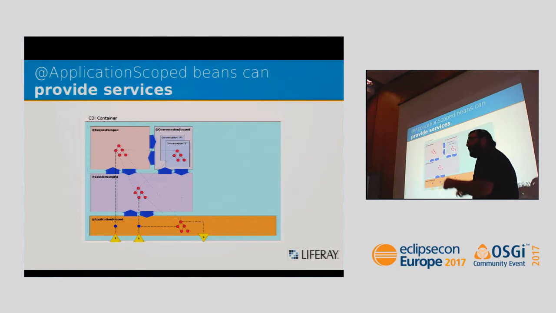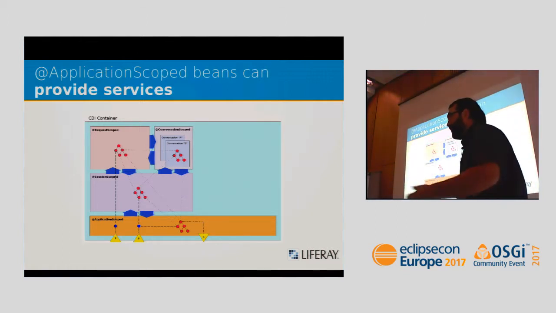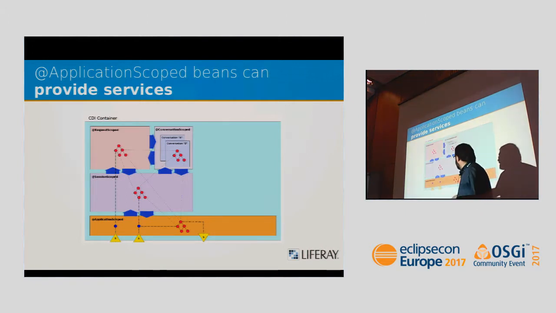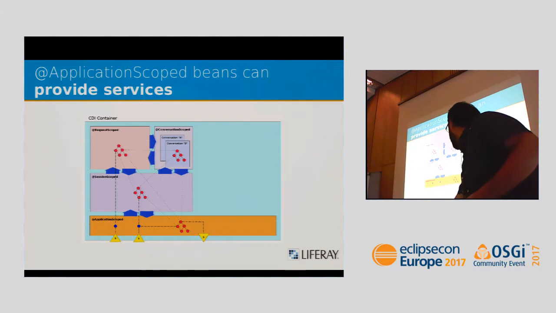So, in our extension, we create a business rule that beans that use our extension can only publish services from application scope beans. So if you have a legacy application and you want to publish a service, you have to do it from an application scope bean. And that's fairly reasonable, I think.